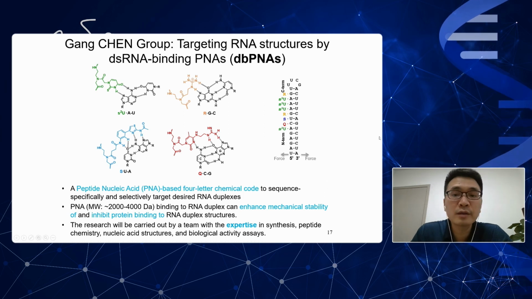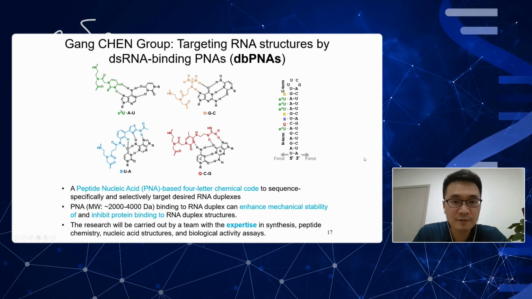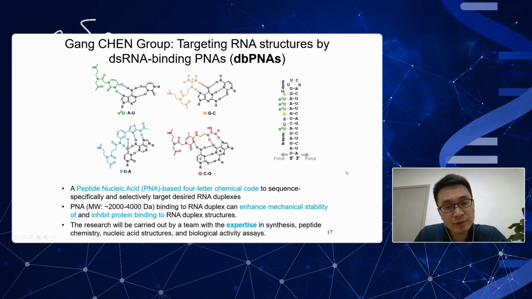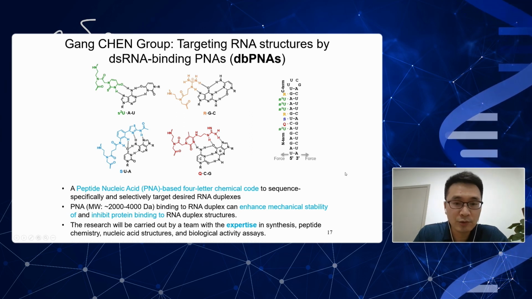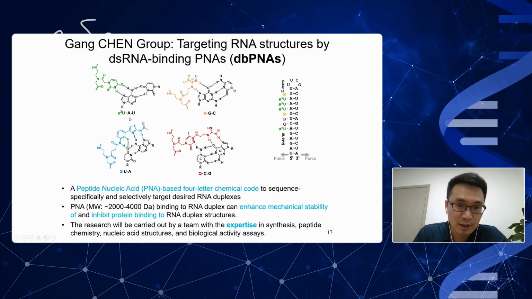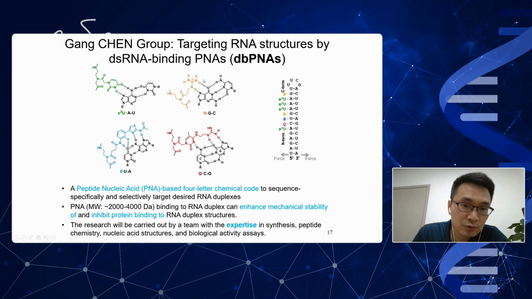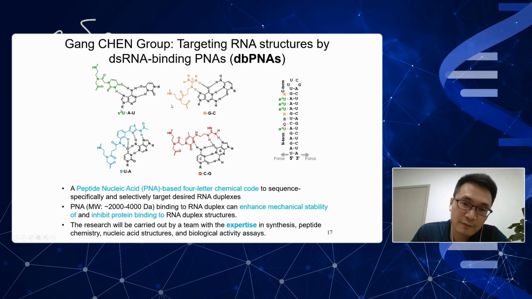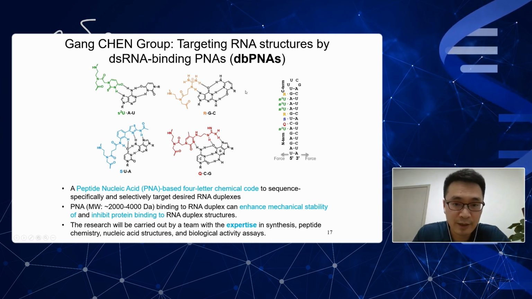If we want to recognize an RNA duplex sequence, we have to recognize all these 4 base pairs. So far we can summarize that we can use 4 different bases to recognize AU, UA, GC, and CG base pairs. We can use 2-thio U to recognize AU, and here we have this letter R, which stands for this special R monomer that can recognize the GC pair.